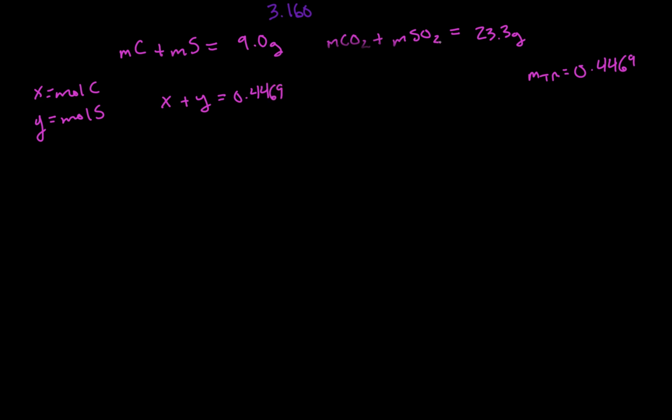Right, again, because of the stoichiometry of the O2 to the S and the O2 to the C in here, 1-to-1 means we can do exactly this. And we're looking for sulfur, so let's solve it for X, so that we're left in sulfur terms. X equals 0.4469 minus Y.